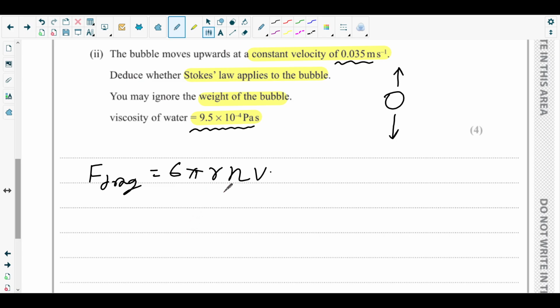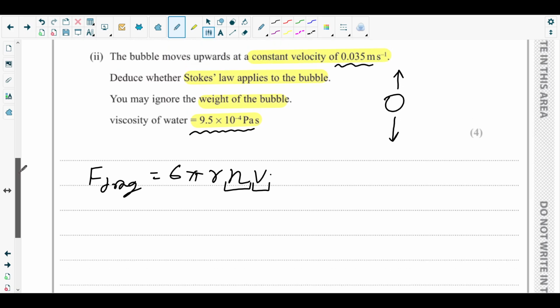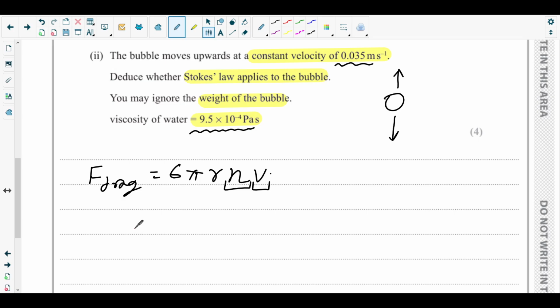You can approach this in two ways: either find the terminal velocity v, or find the viscosity and compare with the given one. Let us consider the terminal velocity.